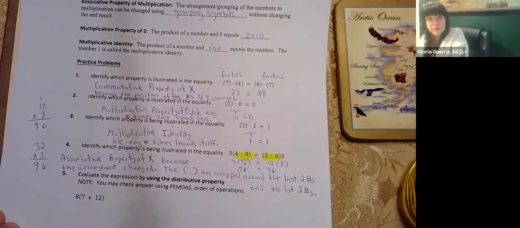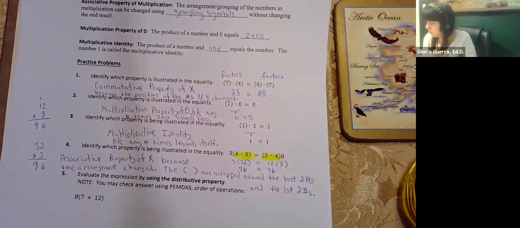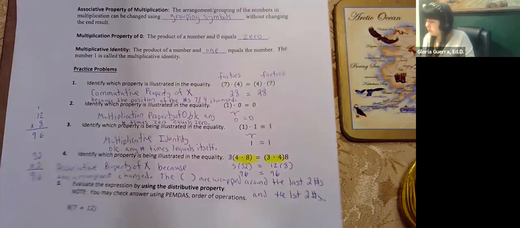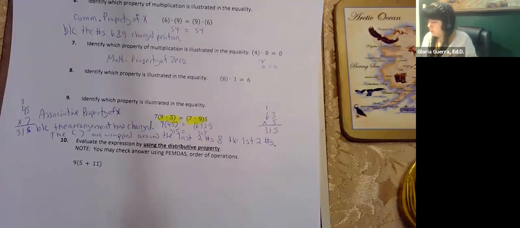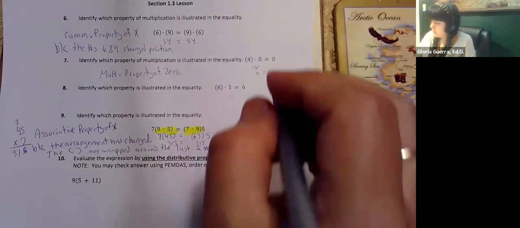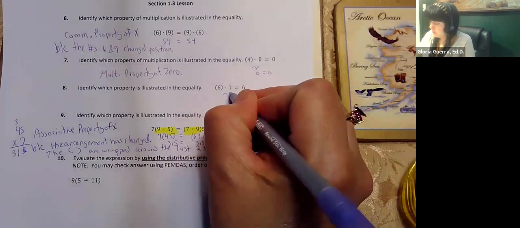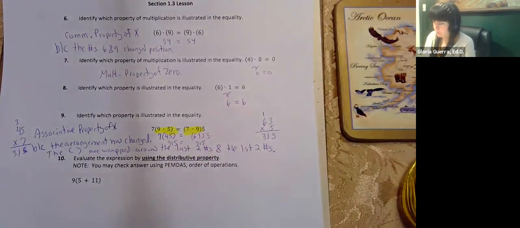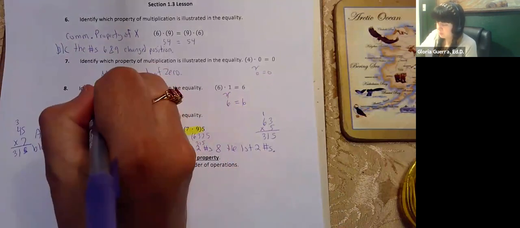And if we look at page 6, let's see what's left on page 6. Number 8's left. 6 times 1 equals 6. Yeah, so 6 times 1 is 6. And yeah, 6 equals 6. But there you've got that number being multiplied by 1. So that's multiplicative identity.